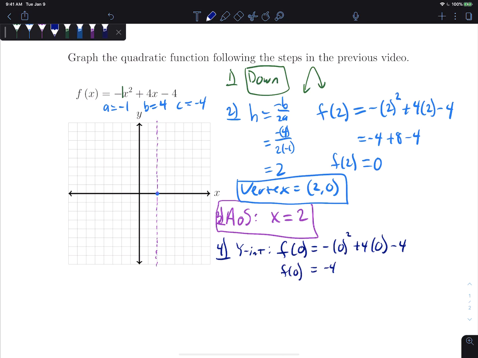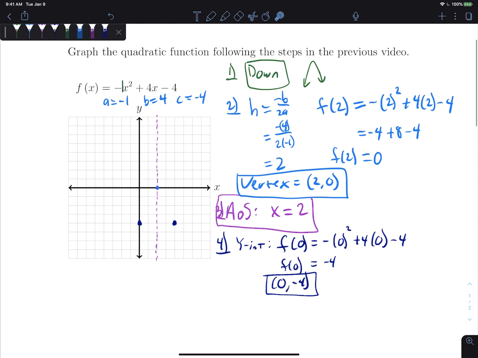So it tells me that f of 0 equals negative 4, and the coordinate is going to be (0, negative 4). And I'm going to plot that. (0, negative 4) is right there. Notice, though, that if I have a point 2 units to the left of the axis of symmetry, I need a point 2 units to the right of the axis of symmetry as well. And this has also helped me justify the fact that this is a function opening down.